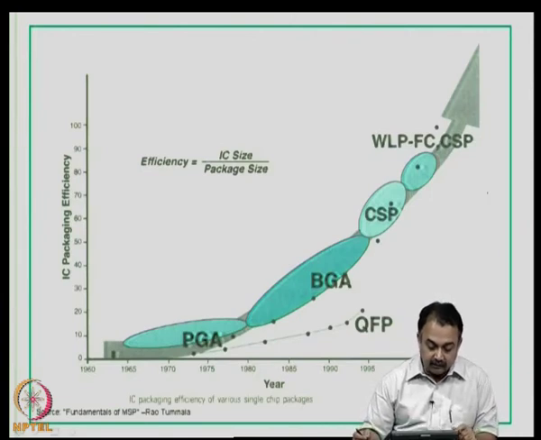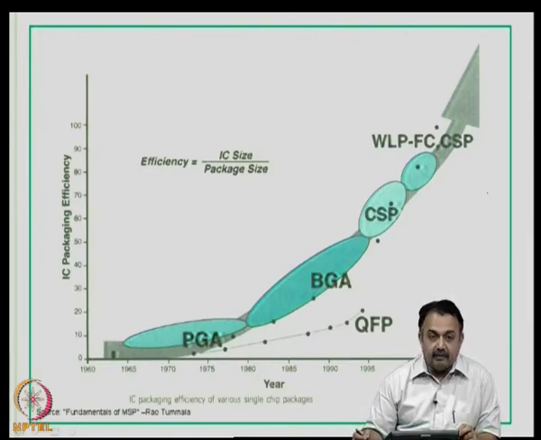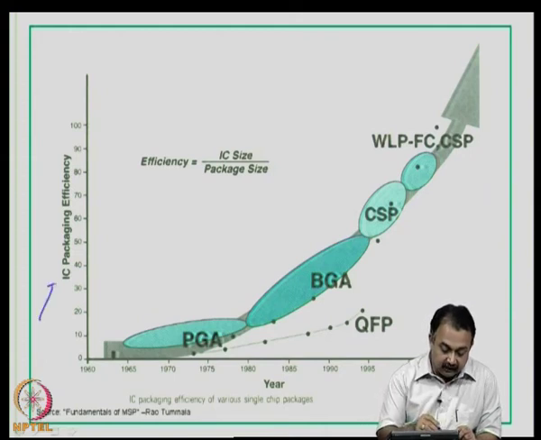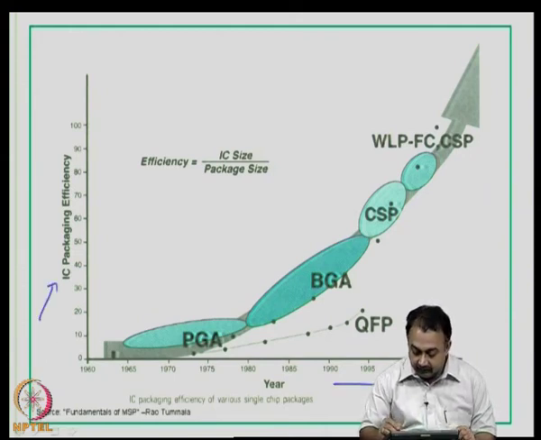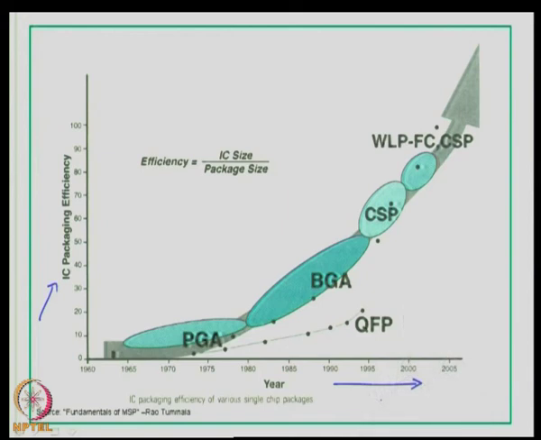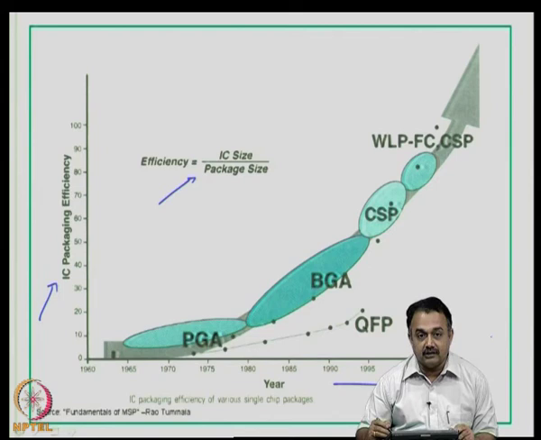If you look at this particular slide, which talks about packaging efficiency on one side and the timeline. Okay. This is a slightly outdated figure, but nevertheless it holds very good, because we need to know how the evolution has taken place in terms of efficiency. So, package efficiency is IC size by package size.